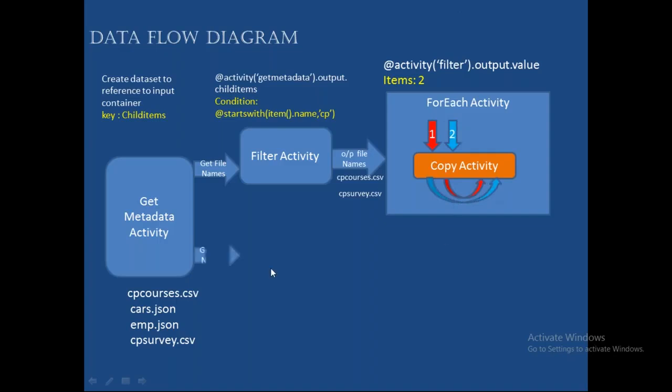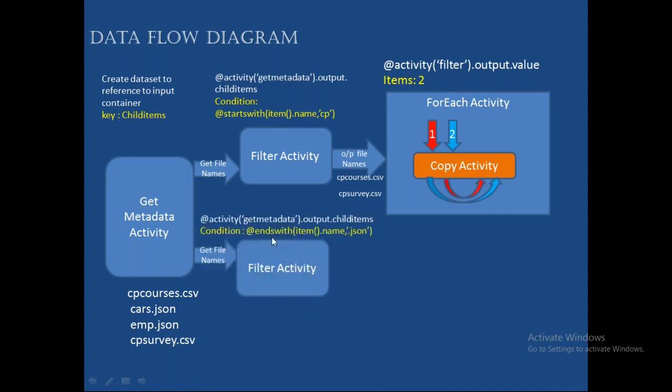Now you see another filter activity I will use here. This filter activity uses ends with item dot name dot JSON. So here it doesn't matter what type of file. Before, if the file name was starting with CP, then you were moving data into the respective output. Now my condition is changed: ends with.